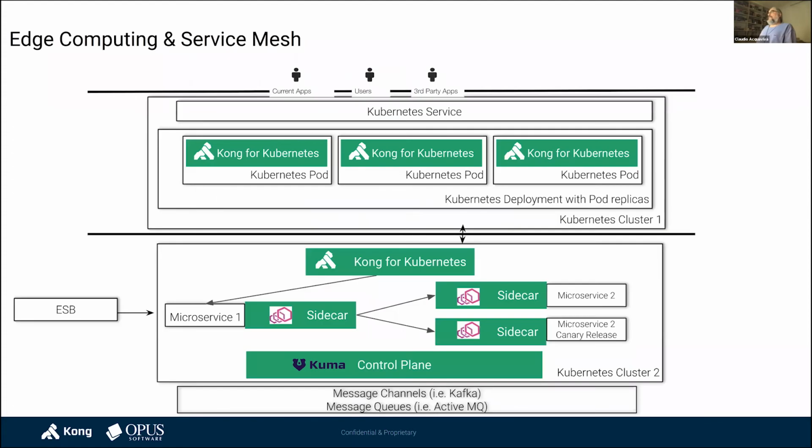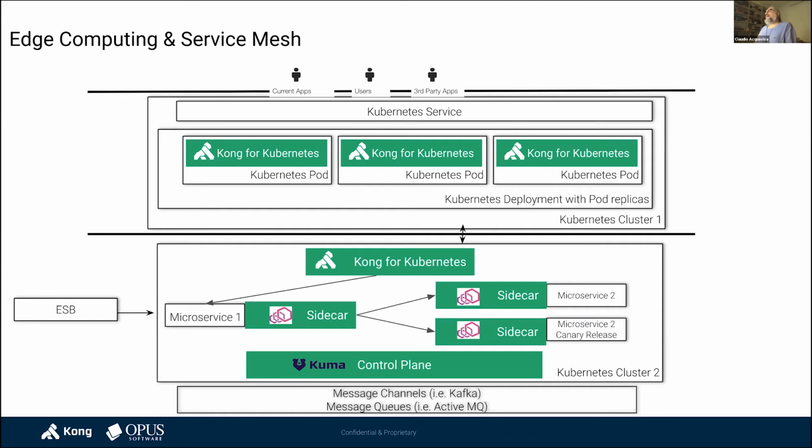So to summarize, that's our beautiful microservice and edge computing topology right now. The three layers over here: number 1, up here, we have Kong for Kubernetes infrastructure, taking care of the edge computing API gateway layer.